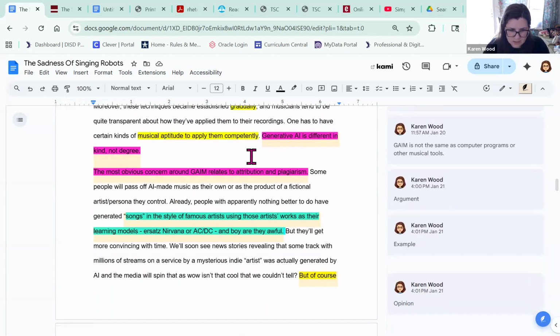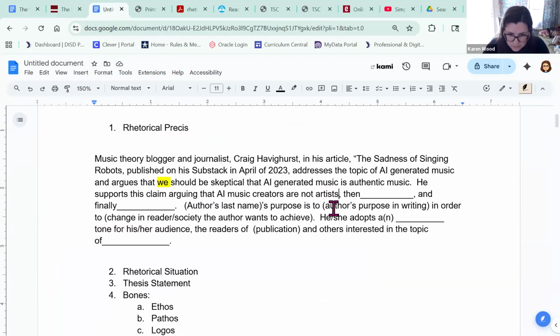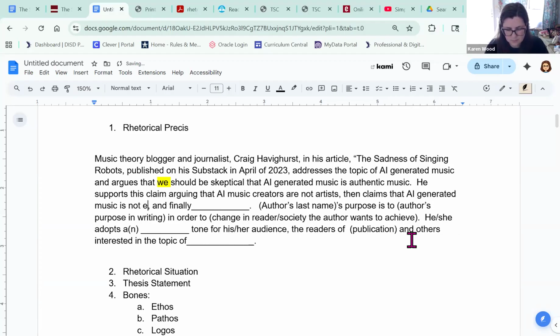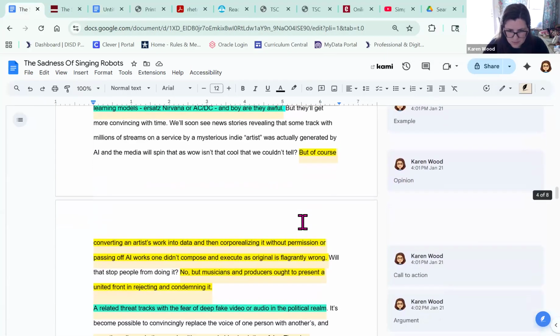And then he says generative AI music is not even music. And finally, let's see what he does down here.